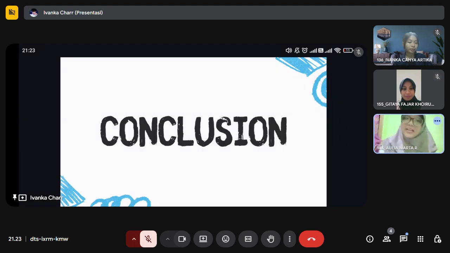Next, for the conclusion, the natural approach draws on how learners naturally acquire both first and second languages in non-formal settings. It emphasizes comprehensible input and meaningful communication rather than strict grammar order, aligning with the view that language can be effectively learned without following grammar step by step.